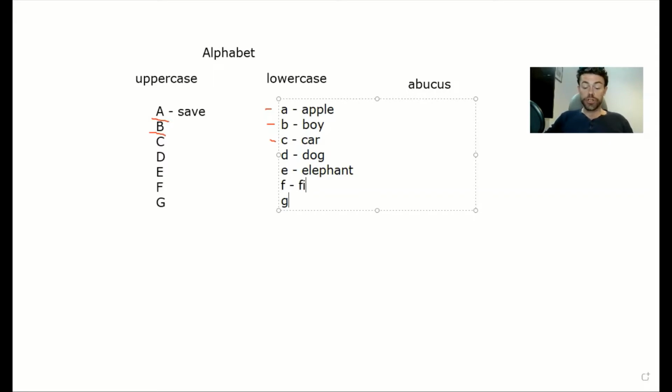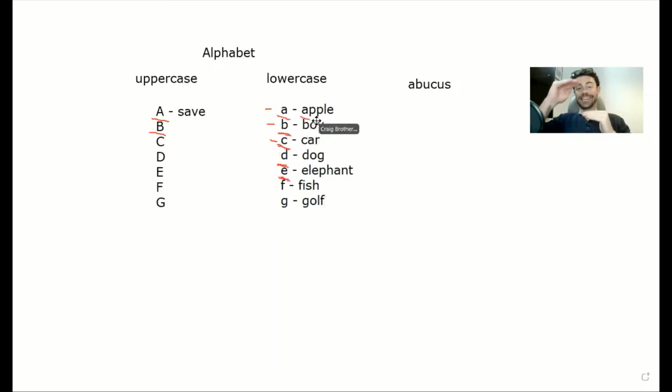Like in the word fish, this is the letter F. And finally here, like in the word golf, we have the letter G. Now, this follows the same structure all the way down the alphabet. A, B, K, D, E, F, G, H, and so on.